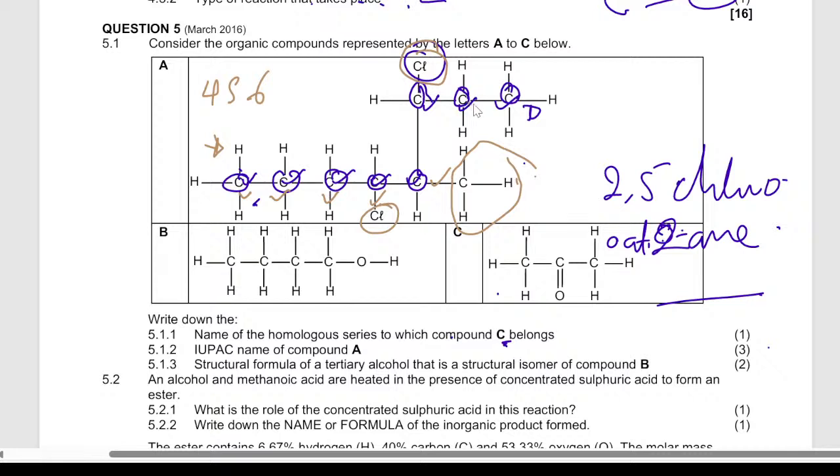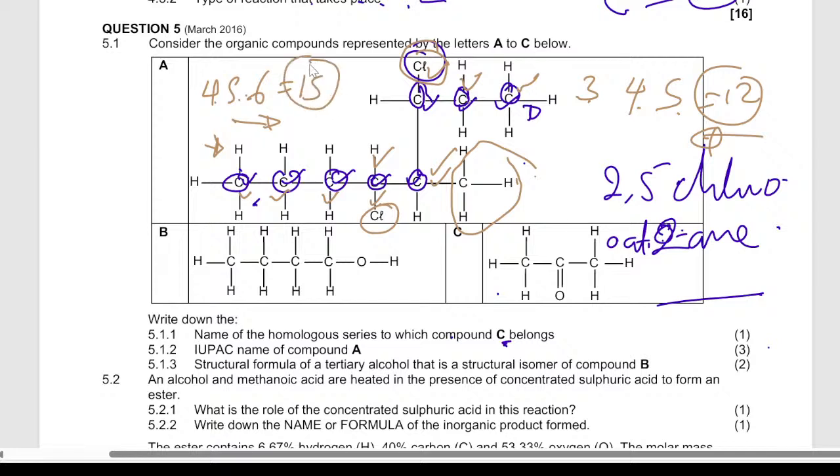If I count from the other direction, I'm gonna have 1, 2, 3, then this one's gonna be 4, then 5. So when I add here, it's 9 plus 3, which is 12. When I add here, it's 9 plus 6, which is 15. So it means that I'm gonna go with this direction.